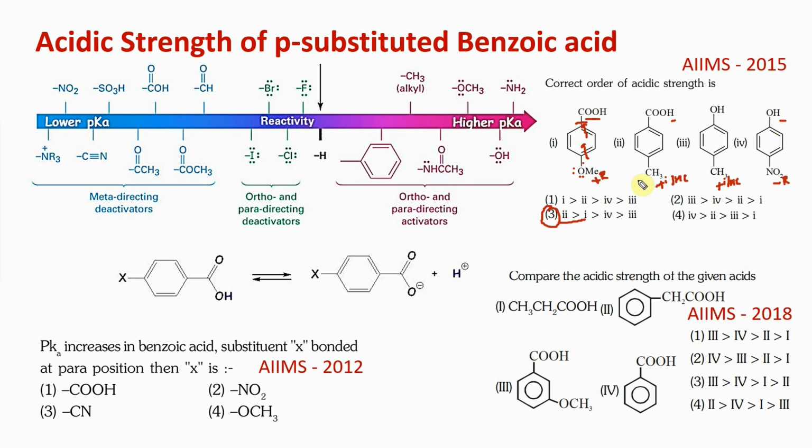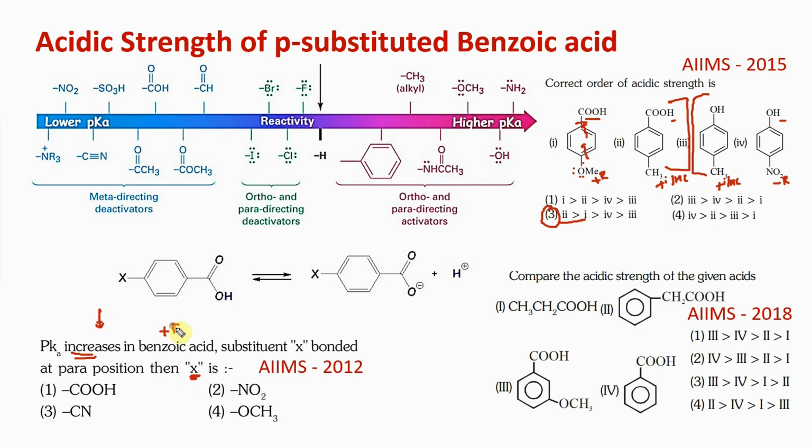This is the part that is going to be tricky. இது ரெண்டும் acid தனியா பார்க்கணும், இது ரெண்டும் phenol தனியா பார்க்கணும். You will get there slowly. pKa increases. pKa அதிகமாகணும்னா acidity என்ன ஆகணும்? கம்மி ஆகணும். Acidity decreases in benzoic acid. The substituent X bonded to para position. அப்போ X என்னன்னு கேட்குறாங்க. அப்போ X என்னவா இருக்கணும்?